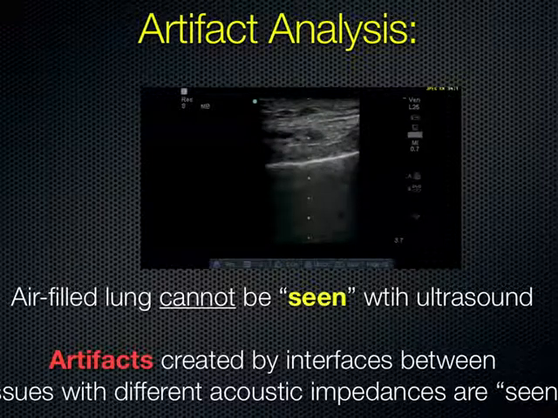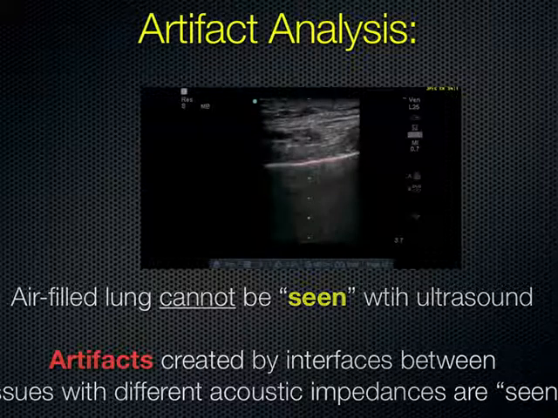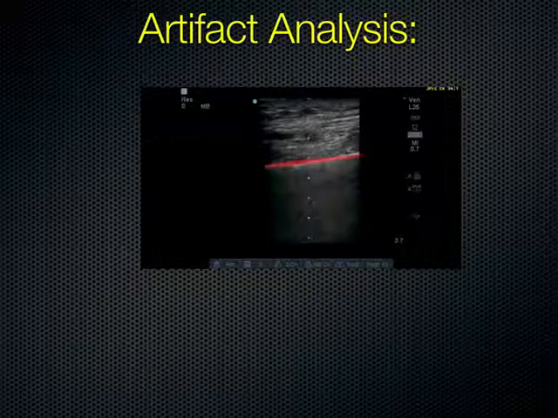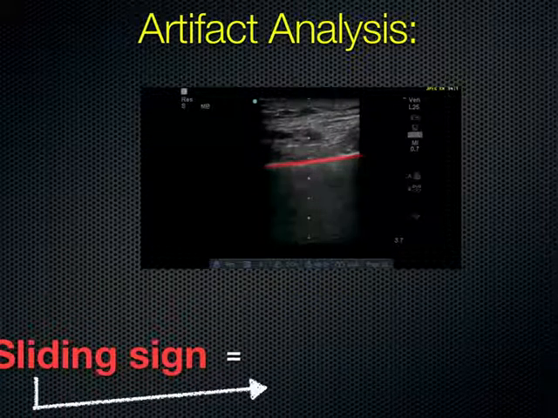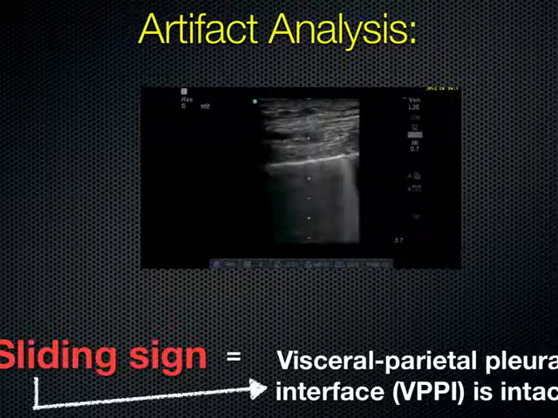So now we're going to use this high-frequency image to analyze artifact. We can't see the lung itself, but we can see the artifact created by the interfaces between tissues that have very different impedances, such as pleural line and lung. Here is the visceral parietal pleural interface, and what we're seeing here is the sliding sign. And it tells us that the visceral parietal interface is intact.